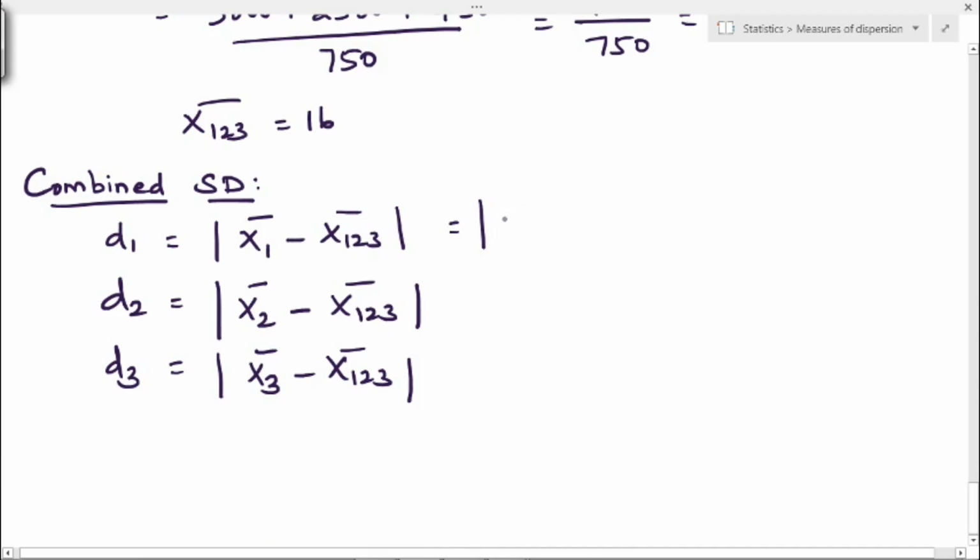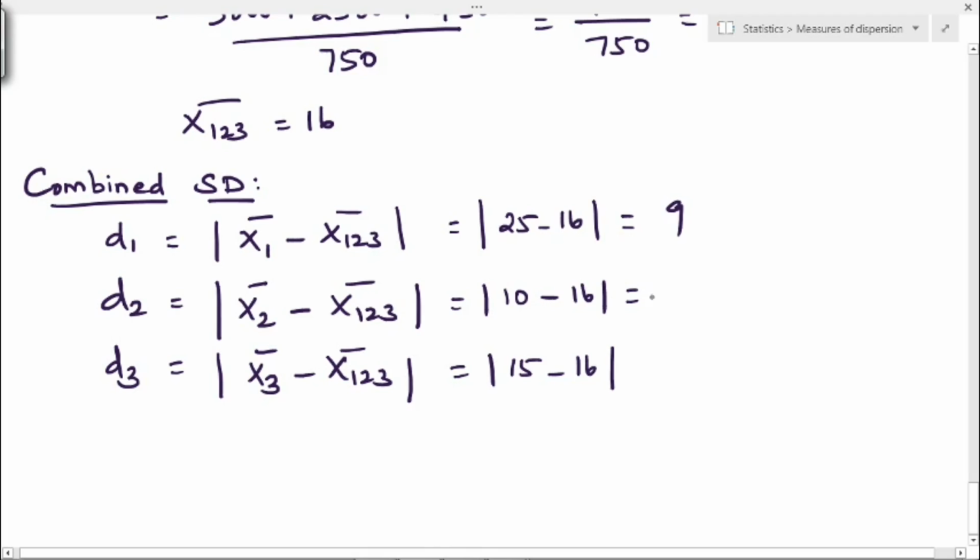So modulus of 25 minus 16, 10 minus 16, and 15 minus 16. Simplifying, we get 25 minus 16, that is 9, and 10 minus 16 is minus 6, and with the modulus it is 6. And 15 minus 16 is minus 1, with the modulus it becomes 1.